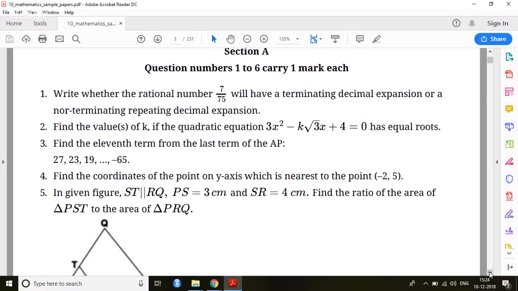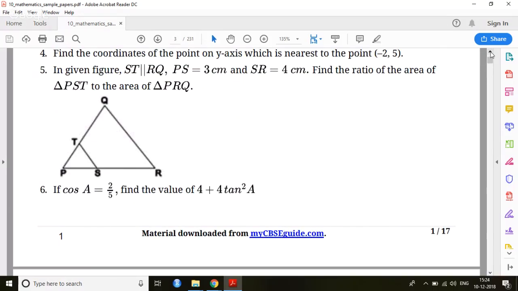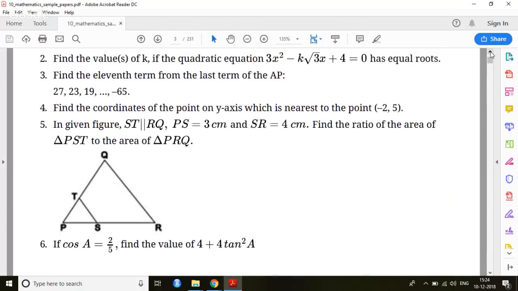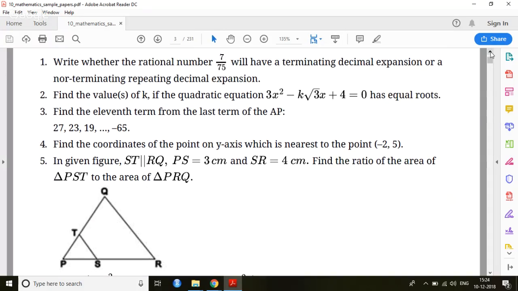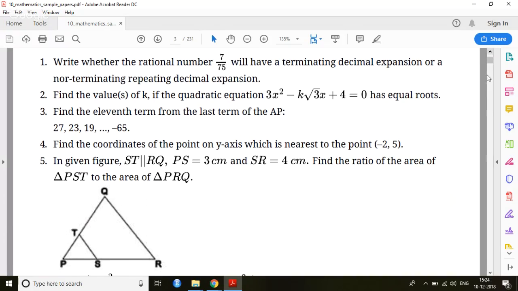I'm starting with the first 6 questions. How much time will you take for 6 questions? Suppose 8 minutes or 10 minutes. So solve these 6 questions. After 5 minutes, I'll scroll down so that you can see the sixth question.